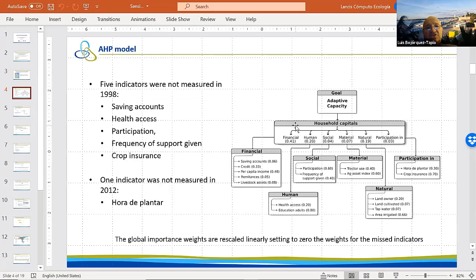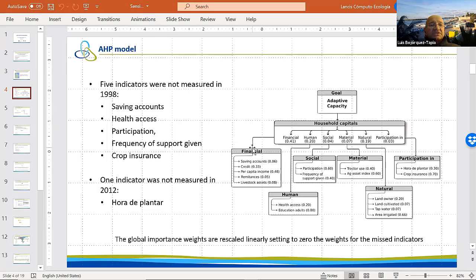We developed two ISAHP models with our colleagues. The one in 1988 had the indicators that you're looking at, and in the later survey there was one indicator that was not assessed. These are government interventions, each of these ones.